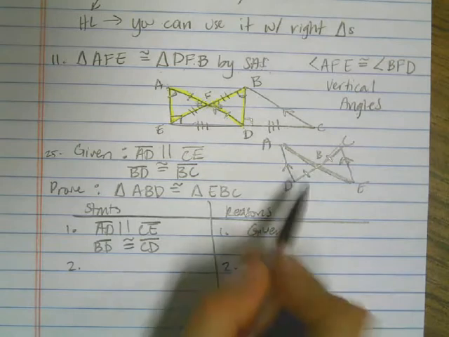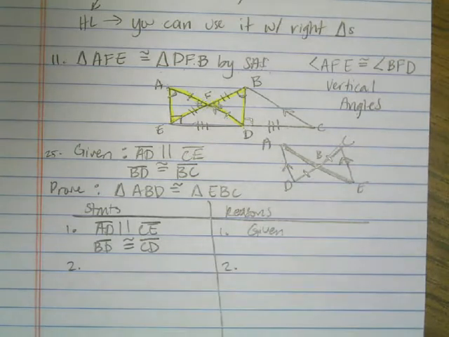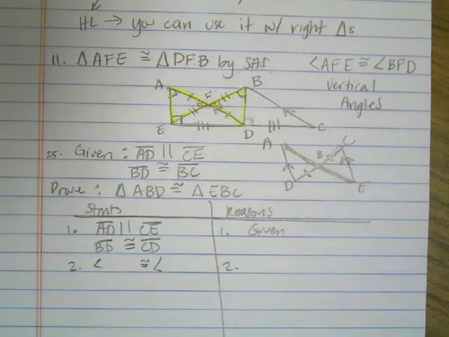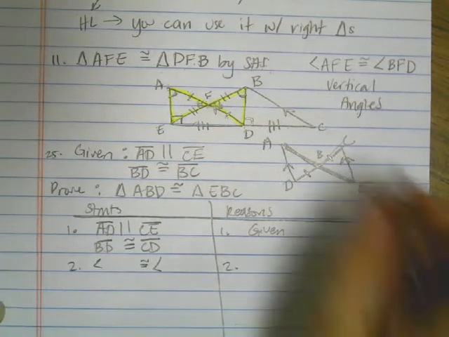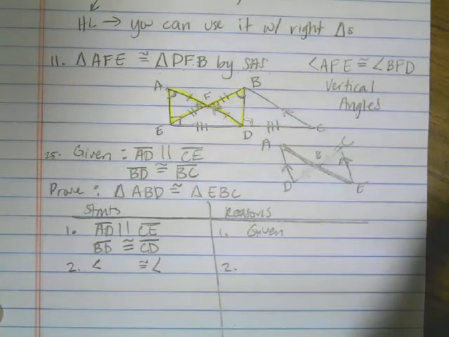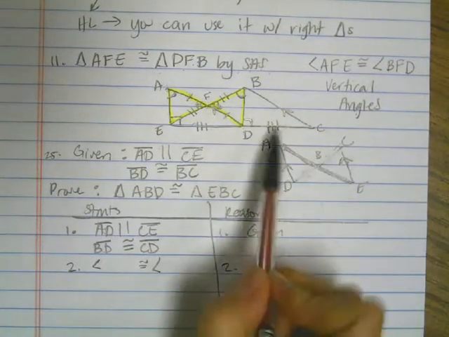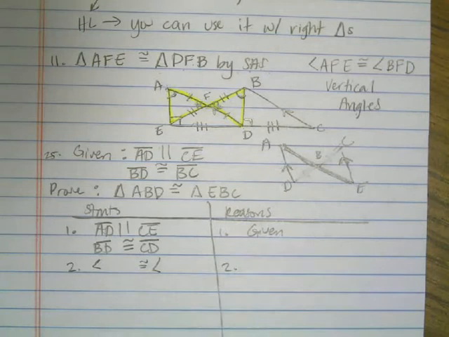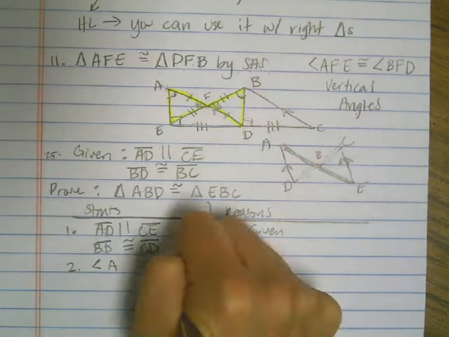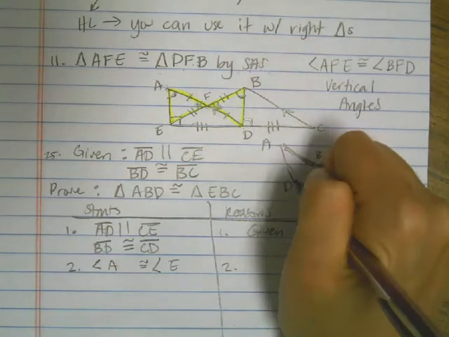So if it helps, I'll erase this. I'll put it back in a minute. So we're just looking at these two lines and this. So what can we say? Yes. Angle A is congruent to angle E. Good. Angle A is congruent to angle E.